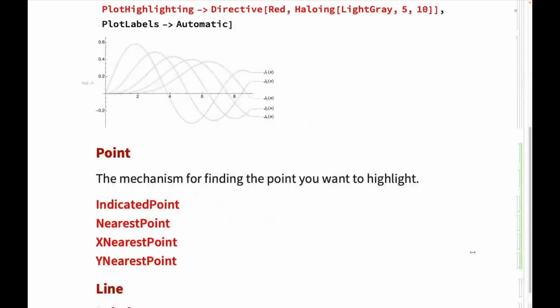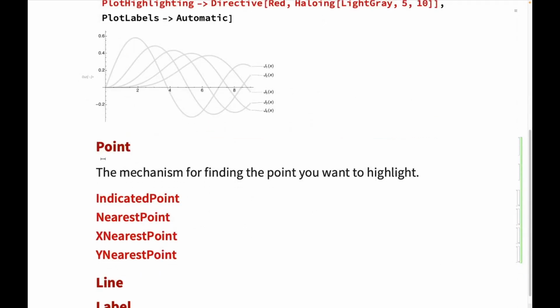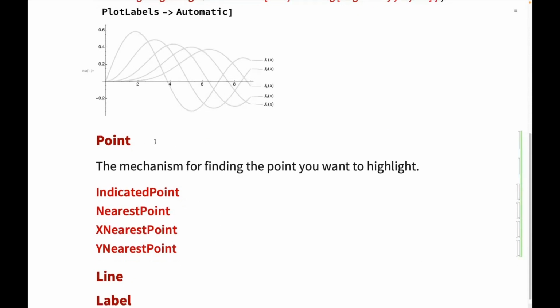And then I would probably say the most important mechanism is the point. Like I mentioned, this first wave of plot highlighting implementation solely relies on mouse over behavior. It tracks where your mouse cursor is, so it's very important to find what you are trying to highlight.